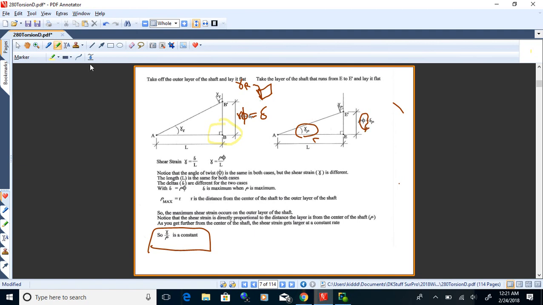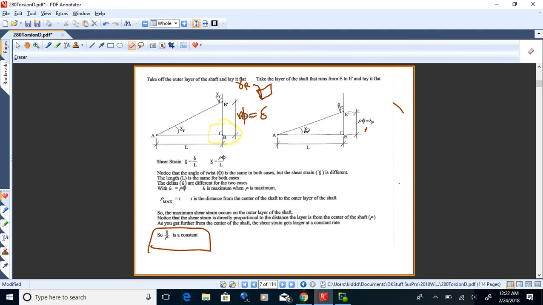This shear strain angle will be less, because E to E prime isn't as big a delta as B to B prime, so that little shear angle there will be less, and so the shear strain here will be less.